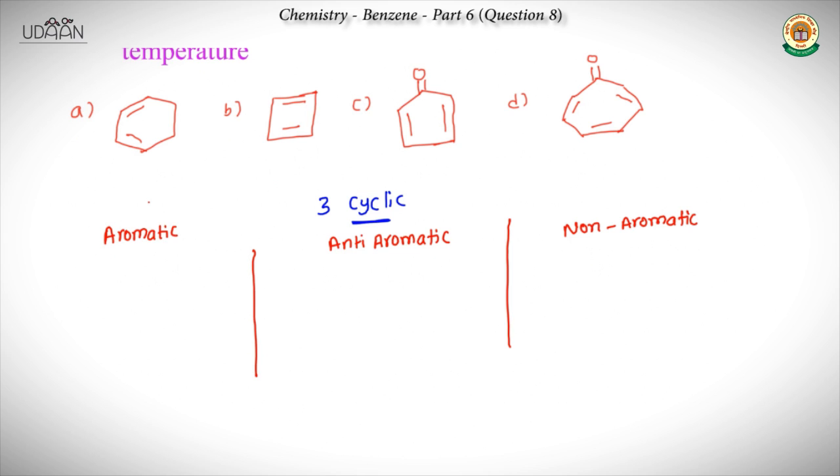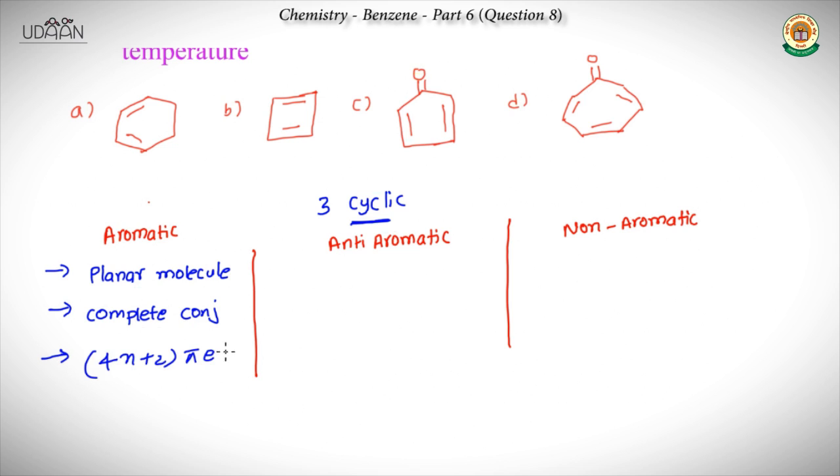First, look at the aromatic compounds. These are cyclic, as I already told you, and they should have a planar molecule and complete conjugation, and should contain 4n plus 2 pi electrons, where n is equal to 1, 2, 3, and so on, any integer.